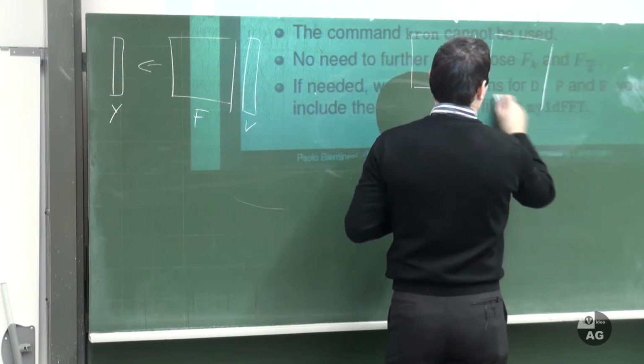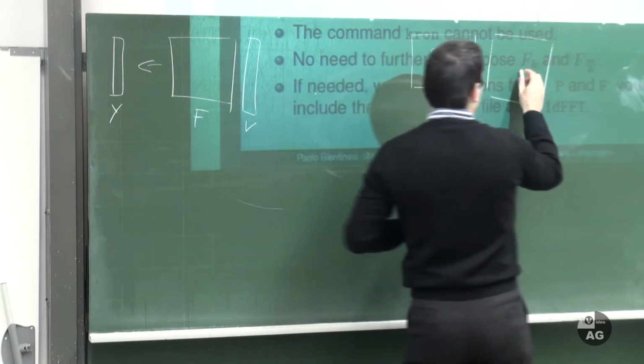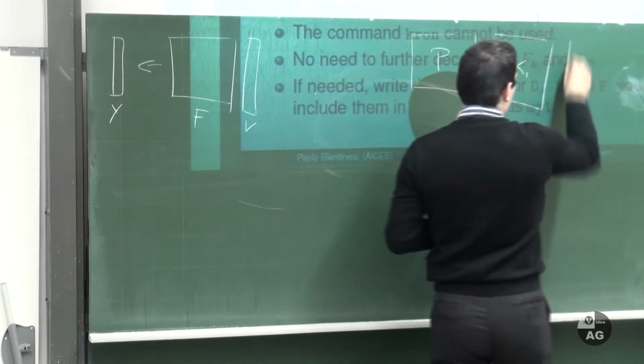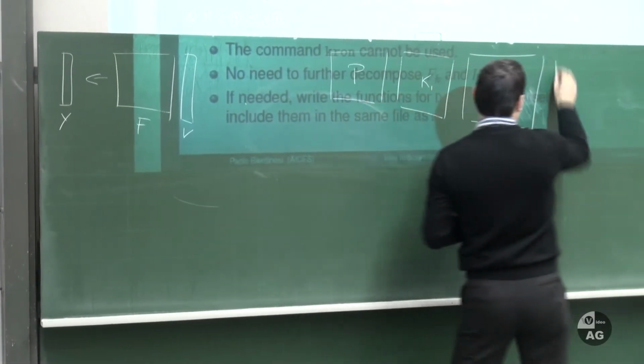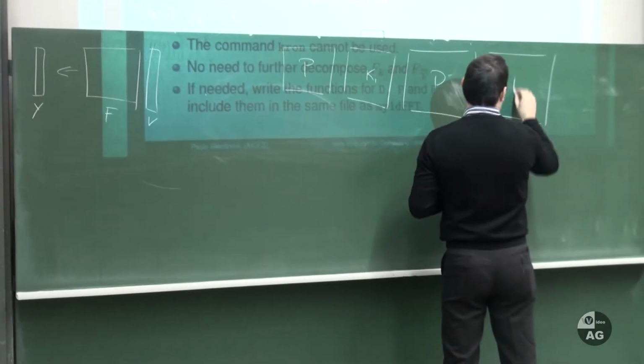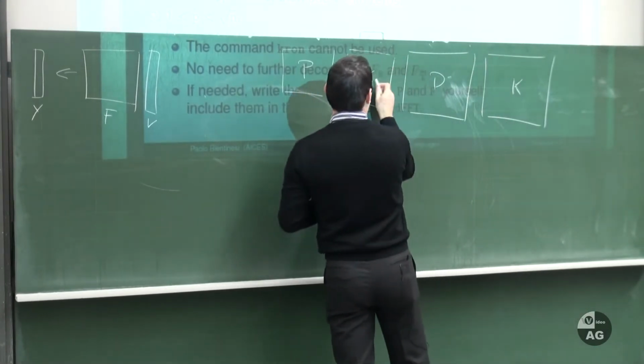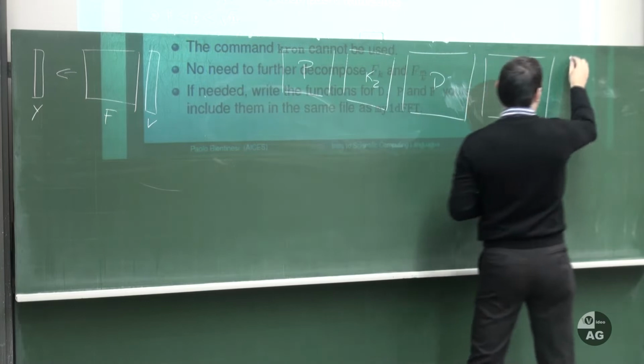It's going to be permutation, let's call it Kronecker 1, twiddle products, diagonal, and Kronecker. Okay, let's say Kronecker 2 and Kronecker 1.